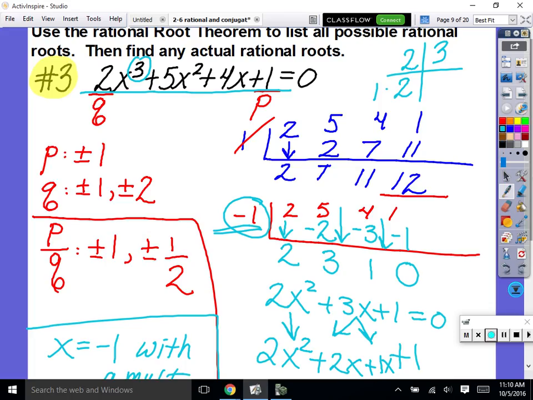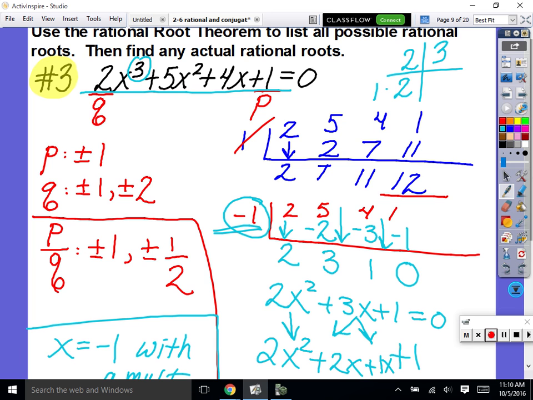So it bounces at negative 1, and then does it cross at positive 1/2 again? Your window's probably not small enough to see it. Maybe make it like negative 2 and 2 for x min and max, and then you can see it probably. Your y I'd make smaller too. Okay, everybody good?